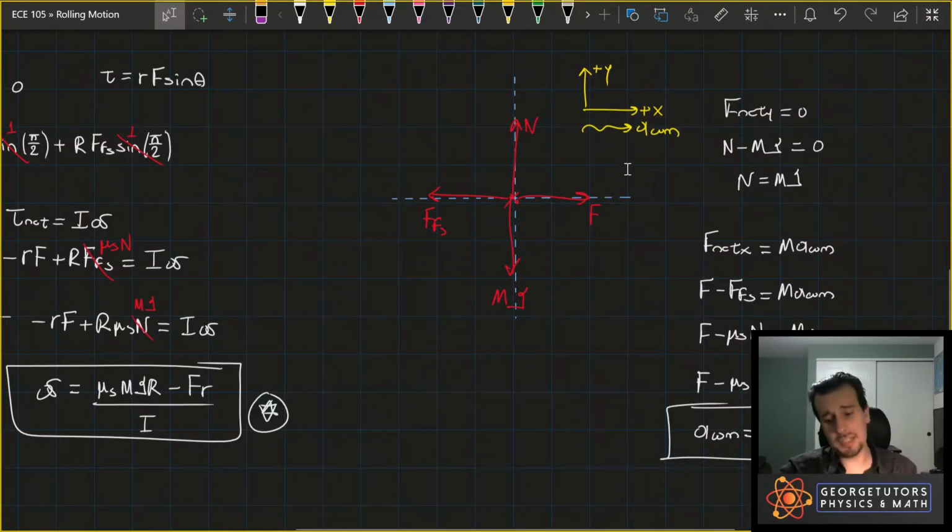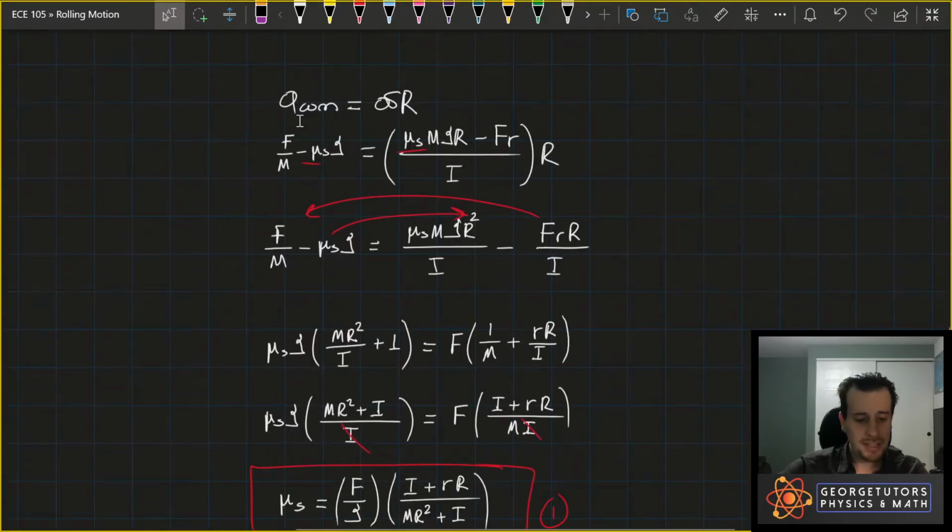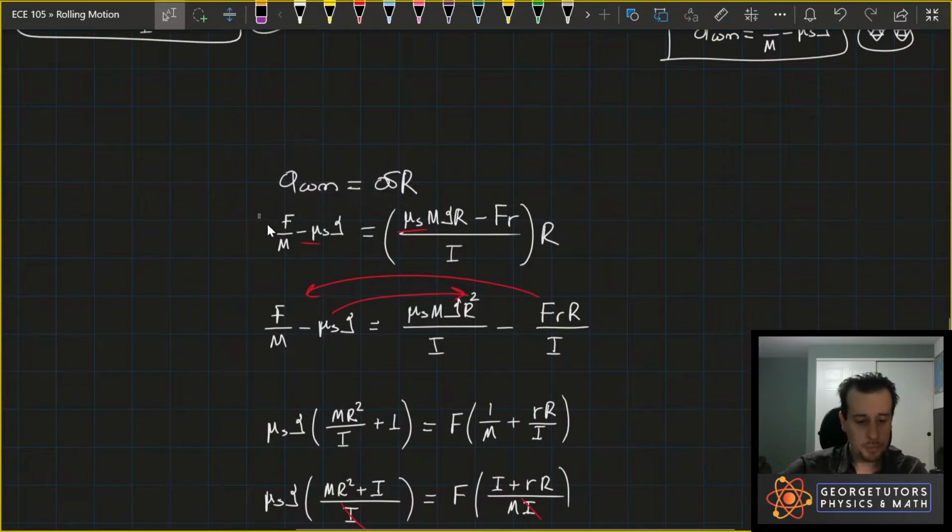And we really want to stick with that, because if we make the choice not to, in terms that involve 2 terms like this, in a_COM, for example, that involves 2 terms, if you don't stick with that choice of keeping those pluses consistent, it could say here mu_s g minus f over m, which when you plug back into this equation, if you plug it in reverse, you're going to get a very different thing for the coefficient of static friction, giving it the possibility to be negative under some appropriate choices of parameters.